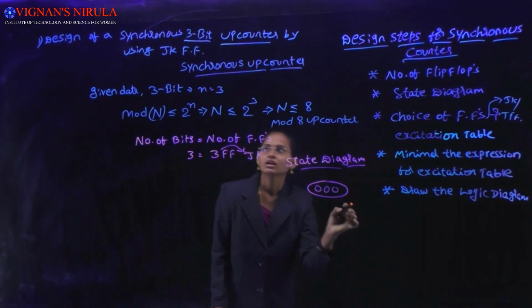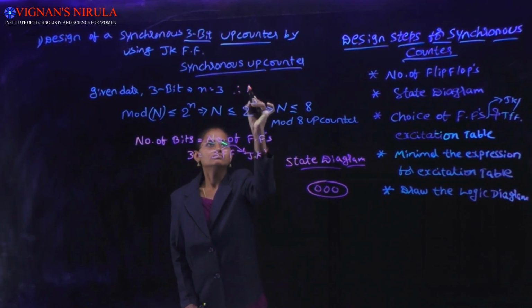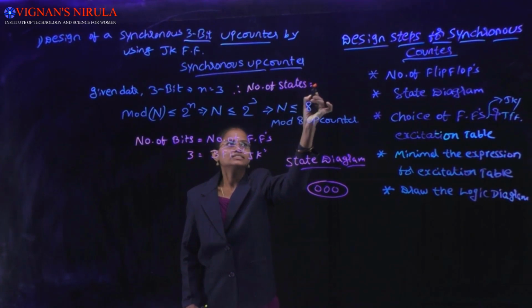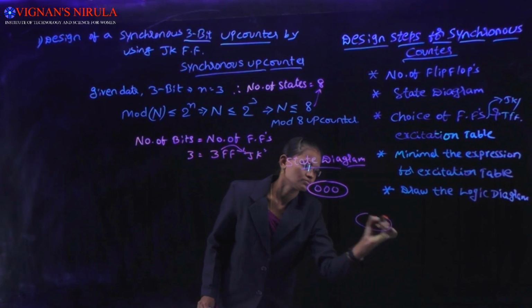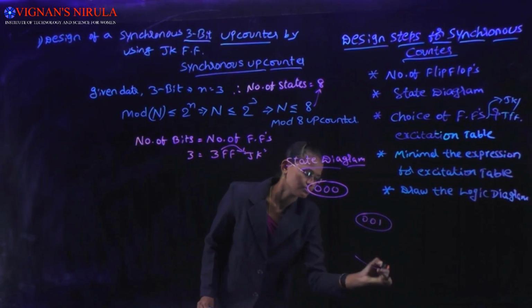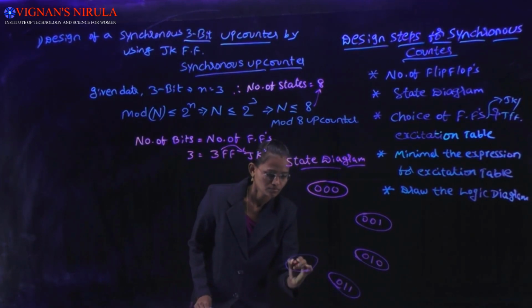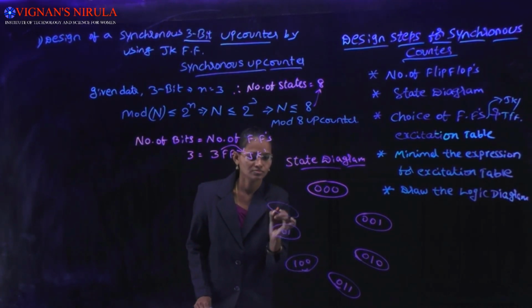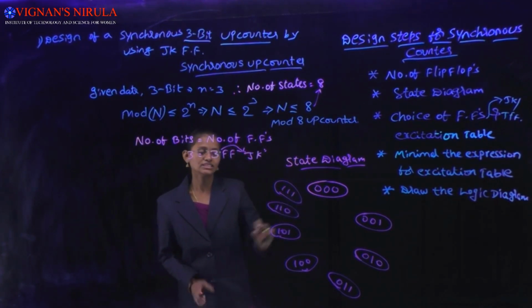Here the number of states equals 8. 0, 0 0 1, 2, 3, 4, 5, 6 and 7. This is the state diagram.